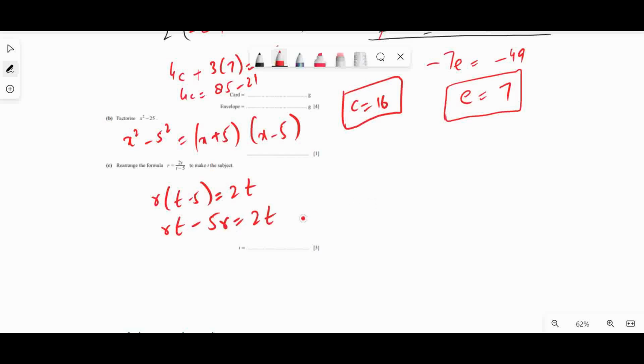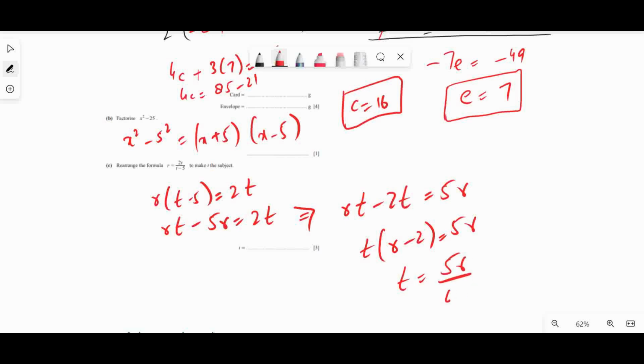If we rearrange it further, this will become rt minus 2t is equal to 5r. So we can take t as common. So t into r minus 2 is equal to 5r. So t will be equal to 5r divided by r minus 2. So this will be the final answer for this question.